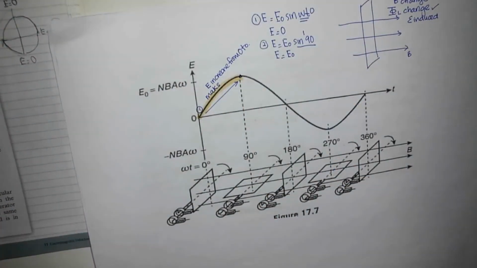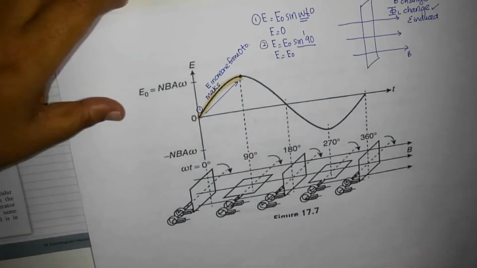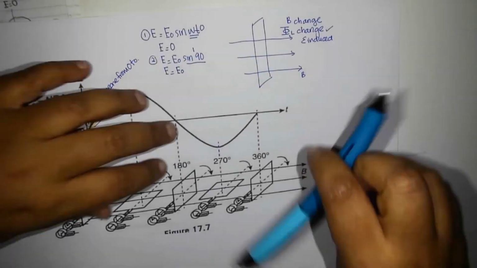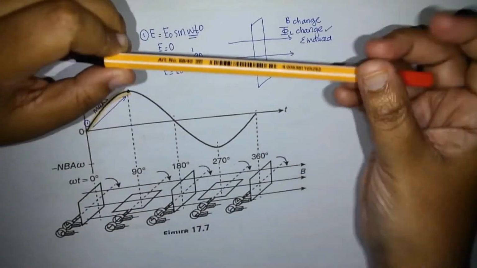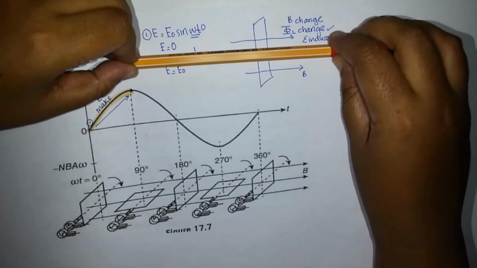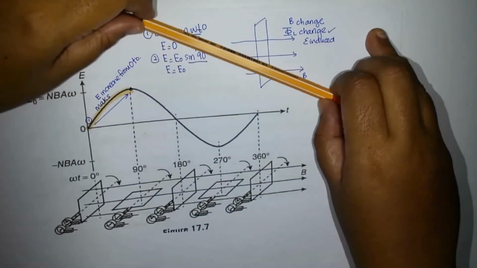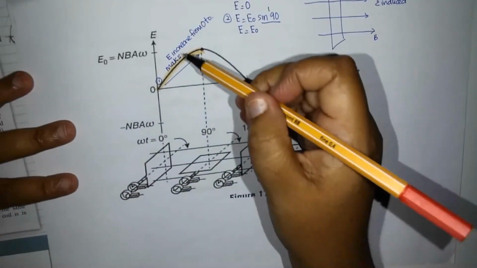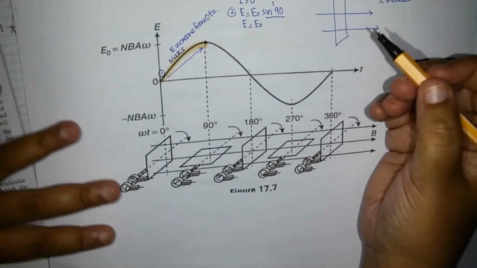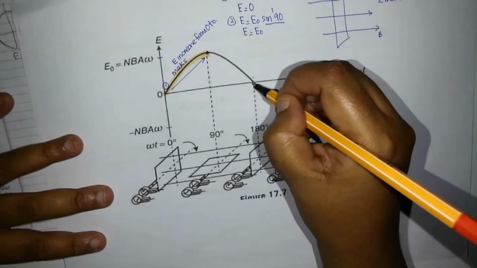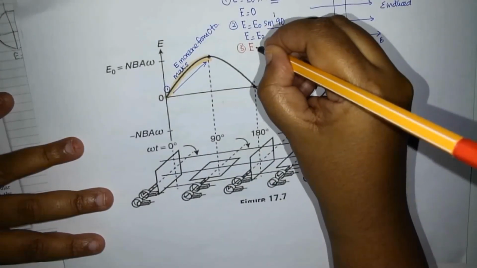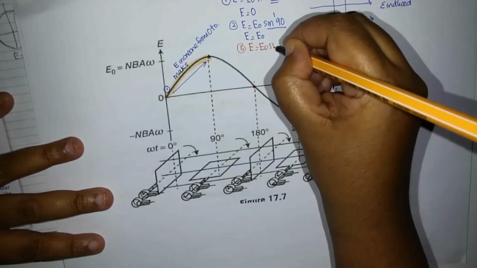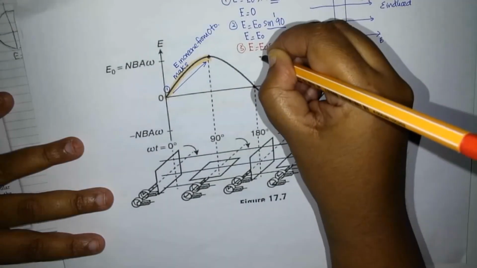Now the second process. The coil is now in this direction, and again it cuts through the magnetic field. At this position, which is 180 degrees, number 3, E is equal to E naught sine 180, and you will get 0.